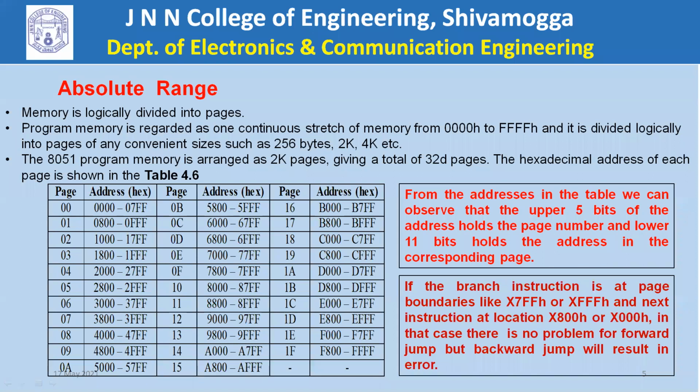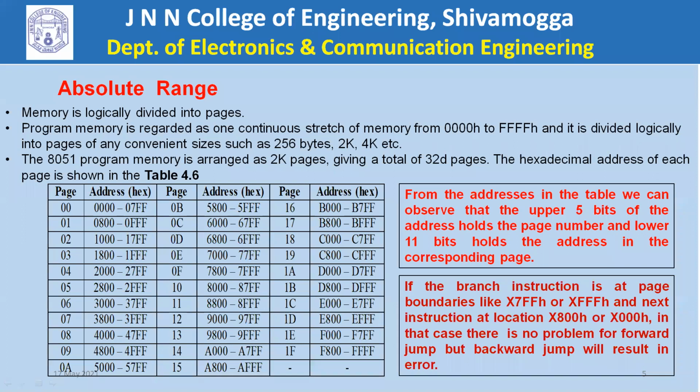Repeat the last point. What is that last point which I told? In the case of the branch instruction, if the branch instruction falls in the page boundary, if it is a forward jump, it will work properly. But in case of the backward jump, it will create error, because when you are crossing the boundary, when you are computing the negative address, it will create error.